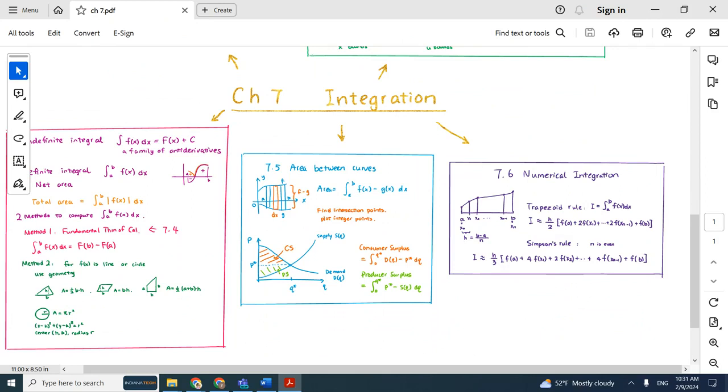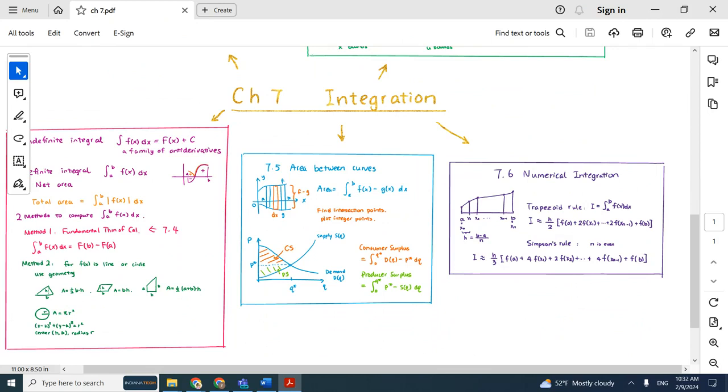And then we talk about the application, consumer surplus and producer surplus, right? In this case, you need to solve the system of equations to find the intersection point, the equilibrium point, right? And then you get the quantity and the price. Consumer surplus is the demand minus the equilibrium price.